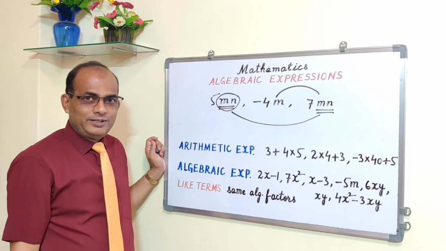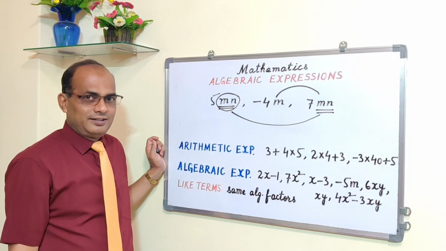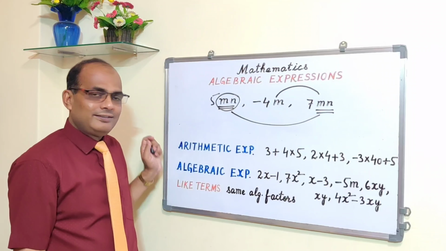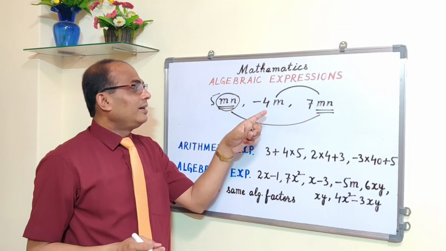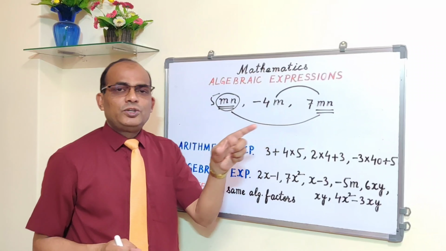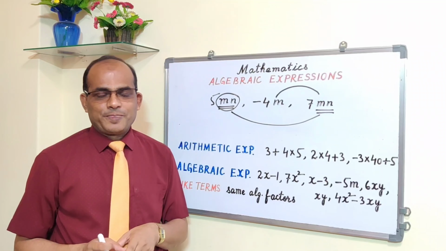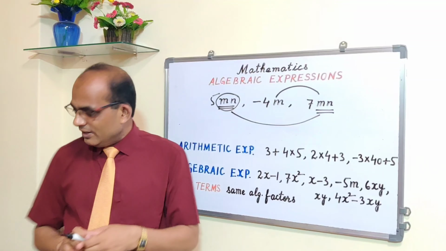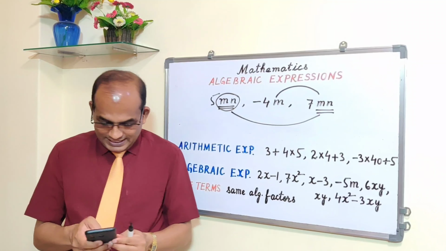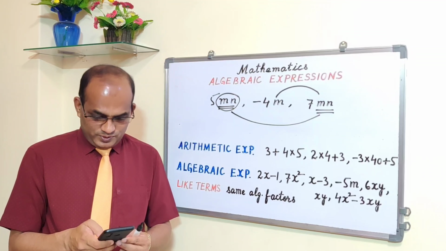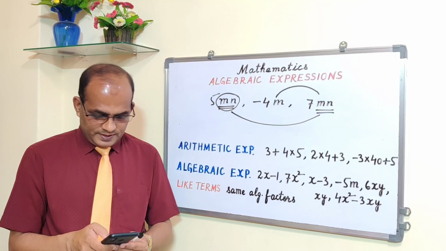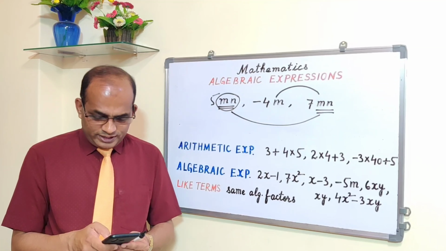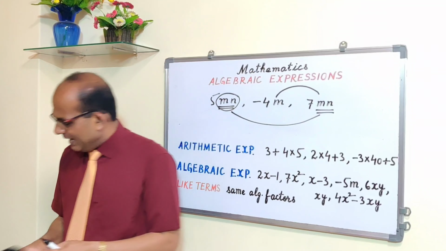What is important while deciding whether two terms are like terms or unlike terms? The numerical coefficient you don't have to see, and at the same time you don't have to see the order in which the variables are multiplied.